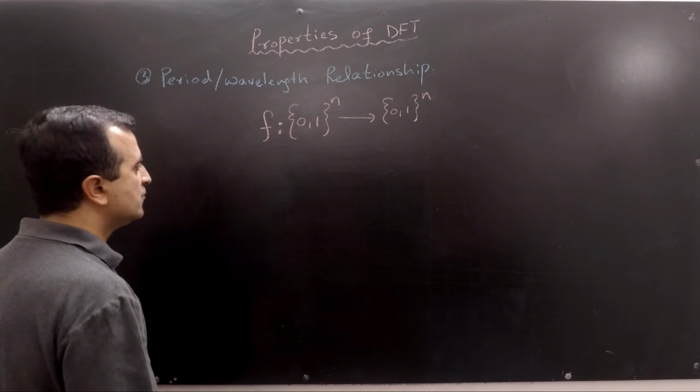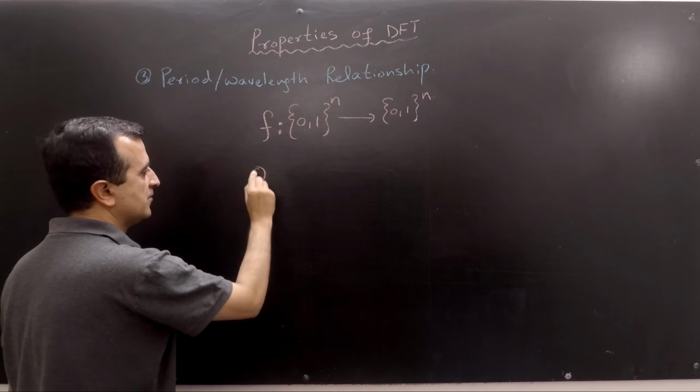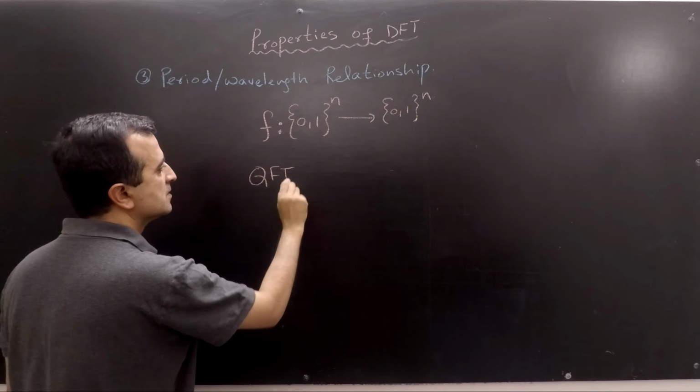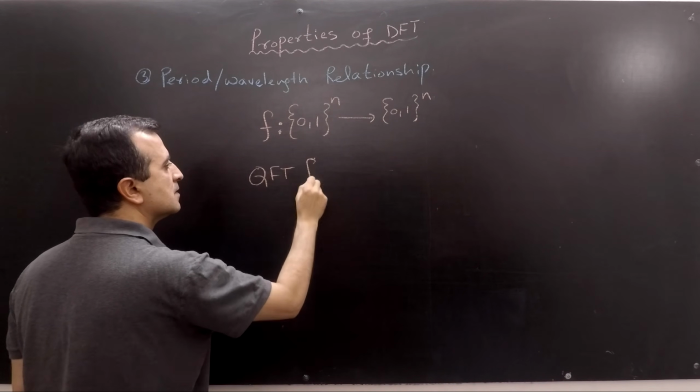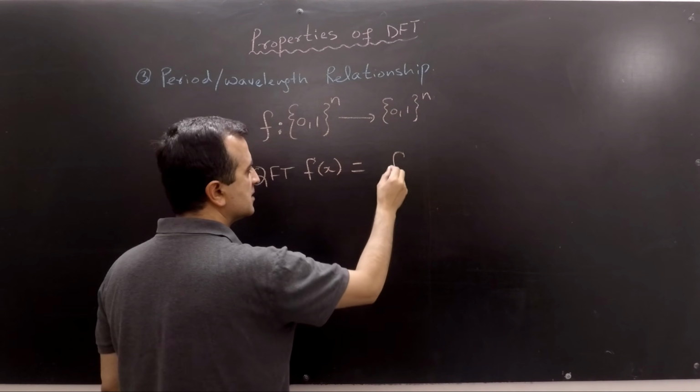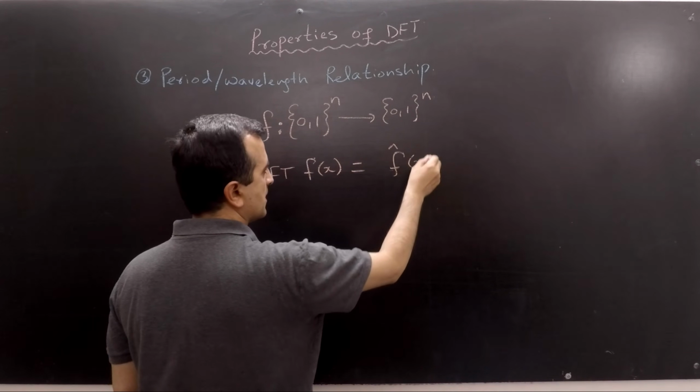And we apply a quantum Fourier transformation on our function f, which is the discrete Fourier transformation, and thus get the transform function f hat x.